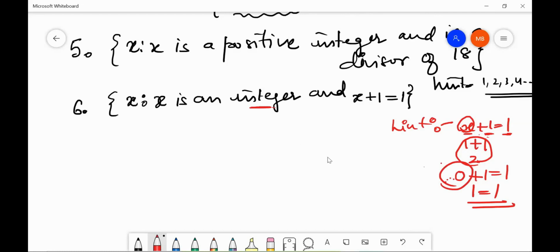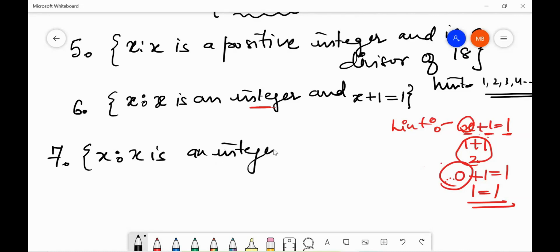Okay, sixth one. Question number 7. x is such that x is an integer and x squared is equal to 9.